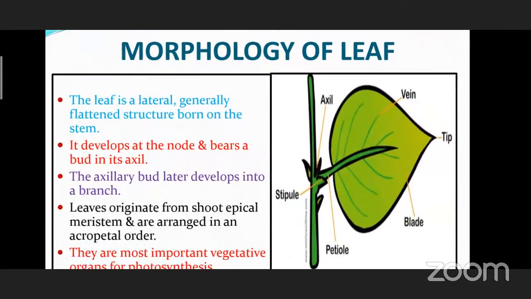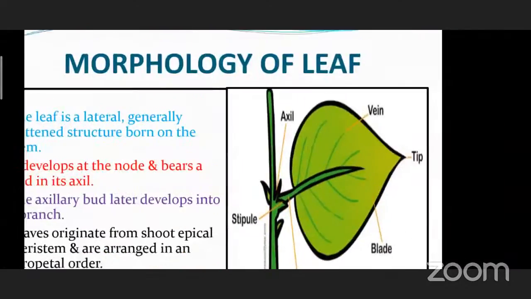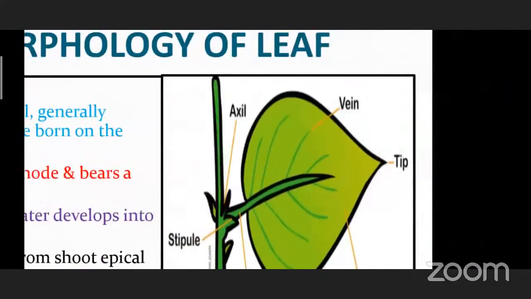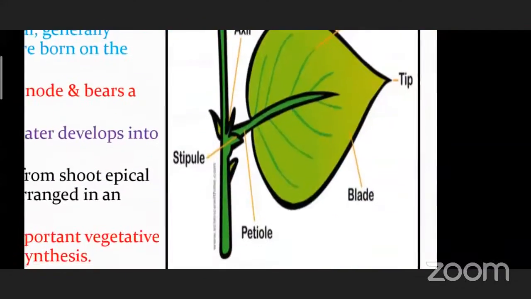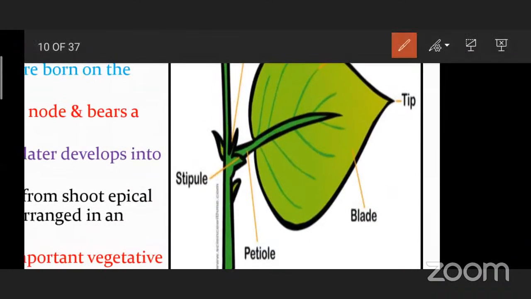See here, this is the leaf. The leaf is a lateral and generally flattened structure borne on the stem.